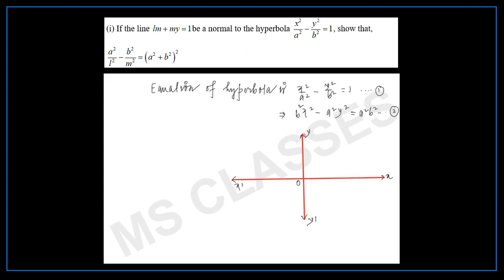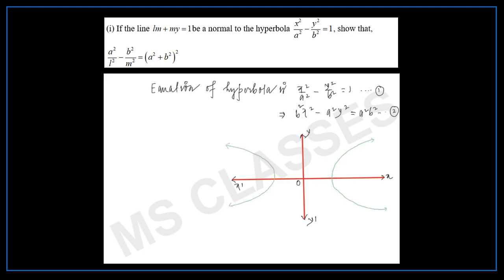So here we take the hyperbola, just representing it for our understanding purpose.